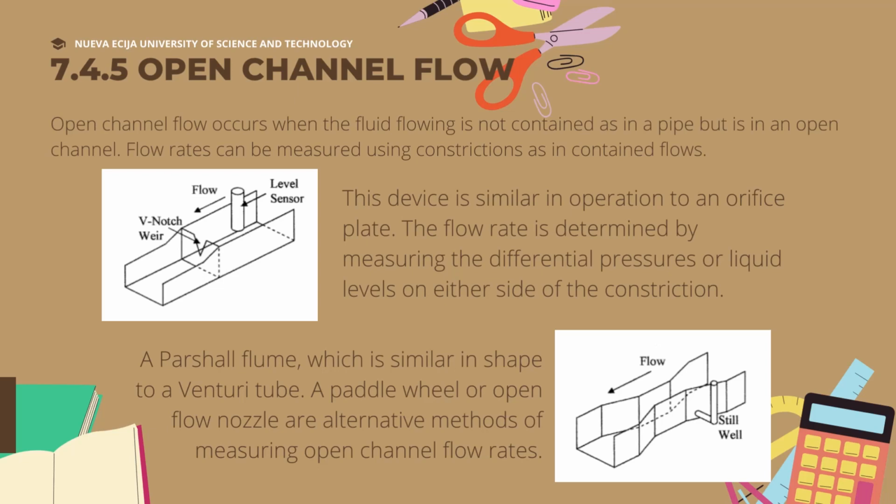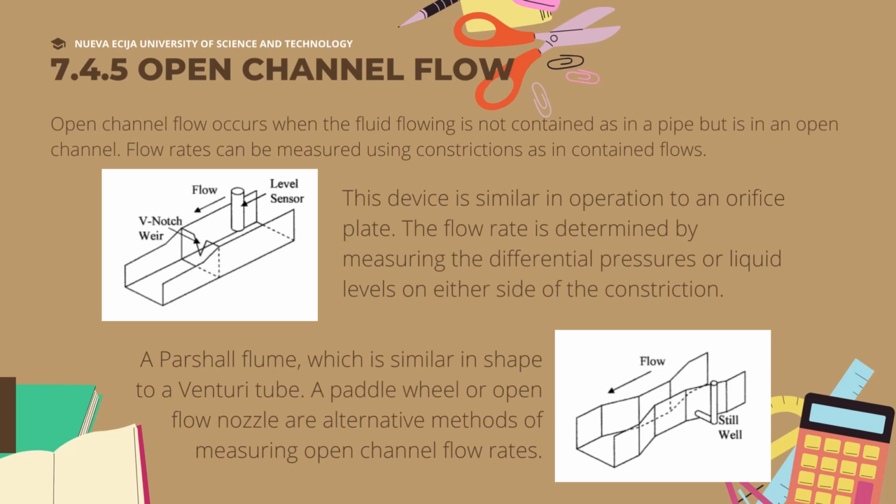7.4.5, open channel flow. Open channel flow occurs when the fluid flowing is not contained as in a pipe but is in an open channel. Flow rates can be measured using constrictions as in contained flows.